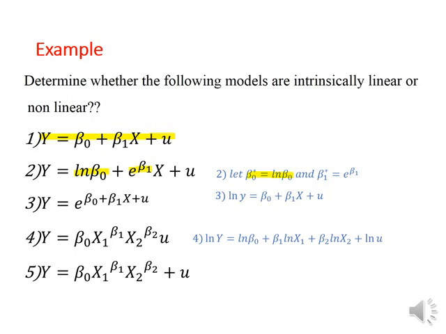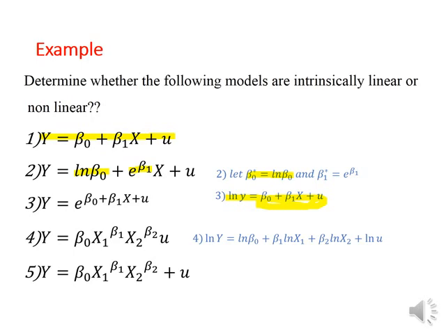What about the third example? It's very clear that it is completely nonlinear. Why? Because beta naught and beta 1 are nonlinear. But after taking the ln transformation, we have ln y equal to the power, which is beta naught plus beta 1 x plus u, multiplied by ln e.